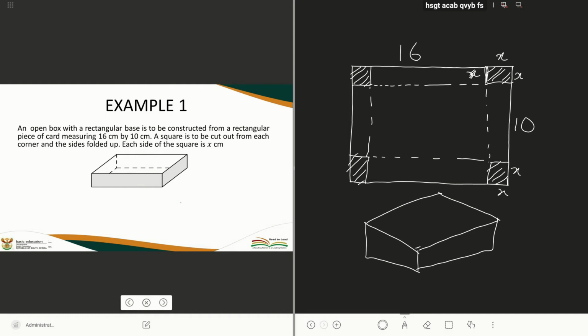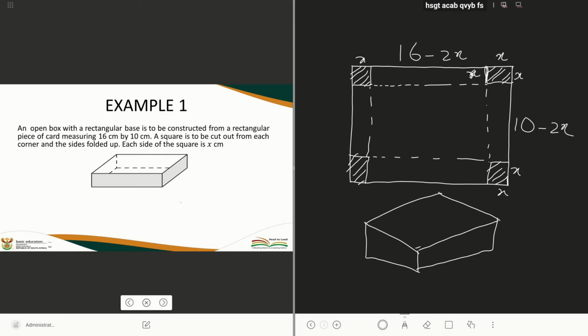Now, let's go back to what our length is going to be. We've cut out x, we've cut out another x. So it means that we are no longer going to be using the whole 16 centimeters for our length. What are we going to use? We're going to use 16 minus this x minus that x, which is minus 2x. And then for our breadth, we cut out x there and x there, so it means that we must subtract 2x on the breadth.